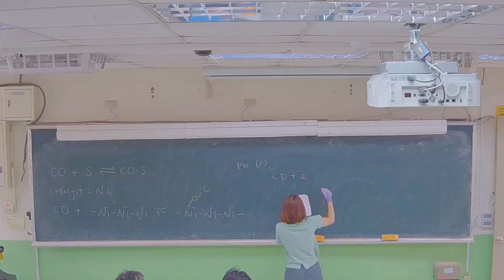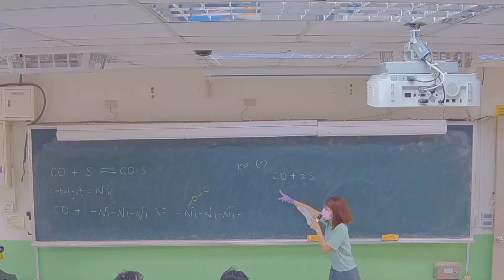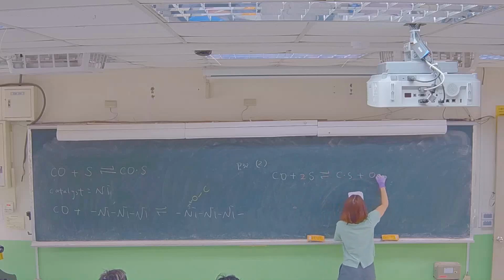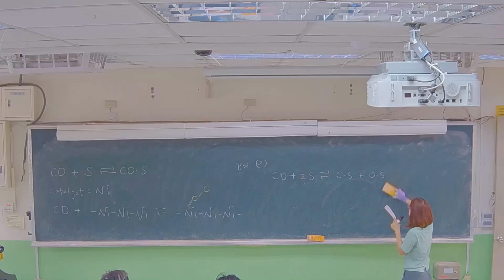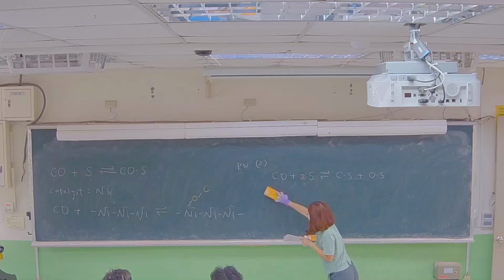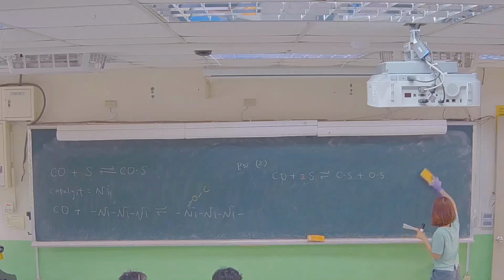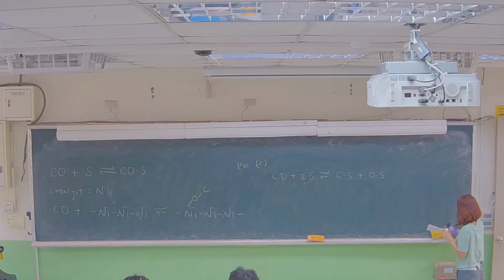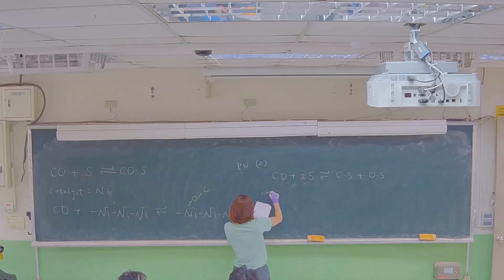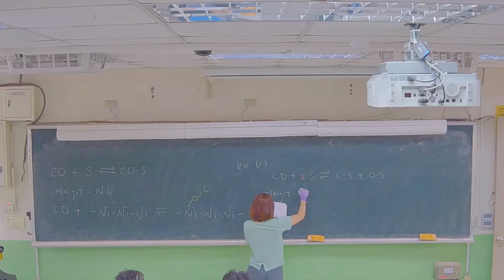So there should be two active sites, because C and O are separately adsorbed on the active sites, CS and OS. This is the case with iron as the catalyst.